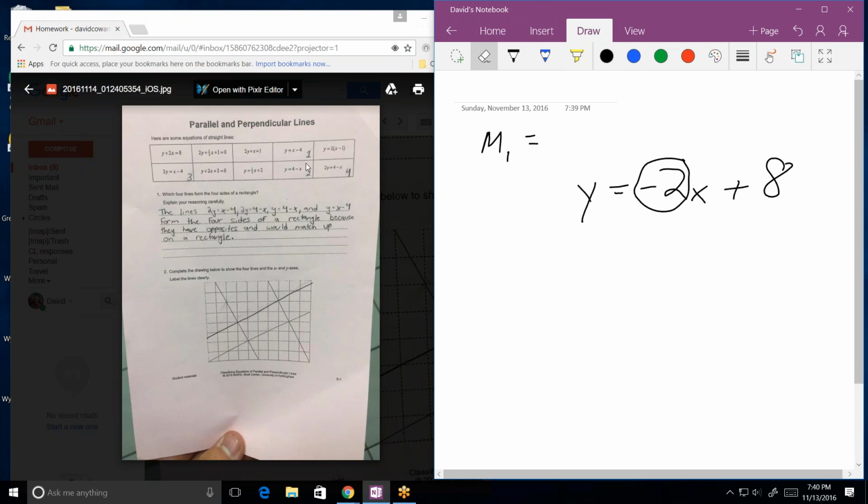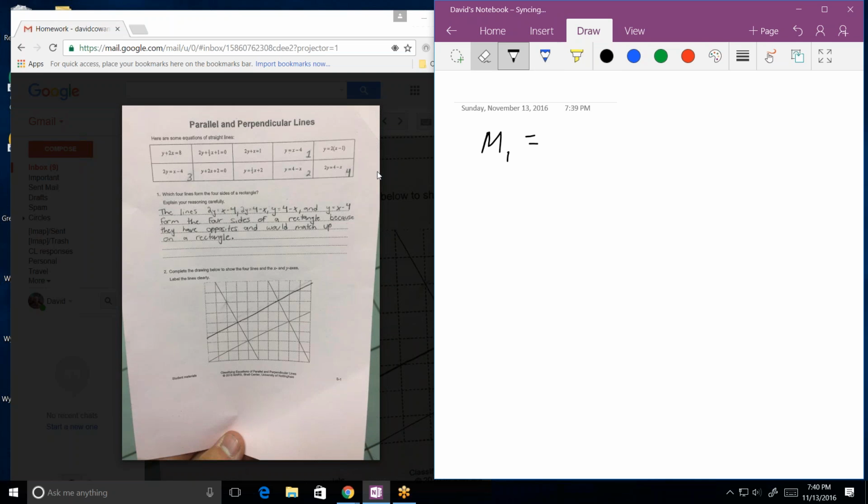So we're going to take every one of these equations and figure out their slopes. That's all we need to do to figure out which 4 are going to make a rectangle. How about number 2? What's the slope on number 2? Would it be -2 again?